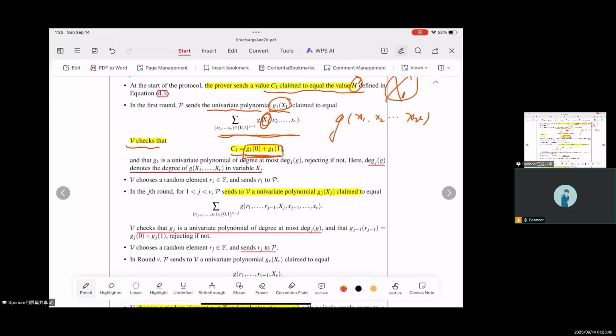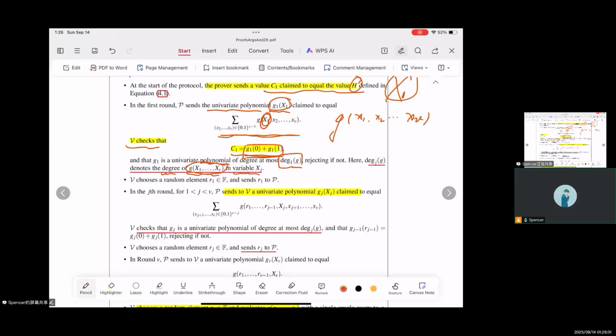Also G1 is a univariate polynomial of degree at most, okay, this notation means the degree of this polynomial in variable x1.